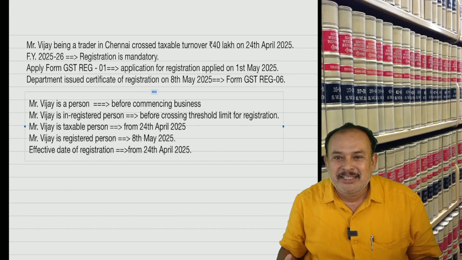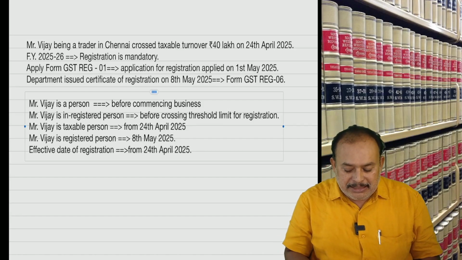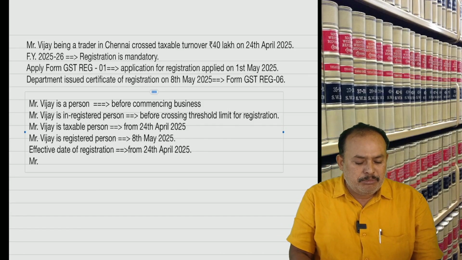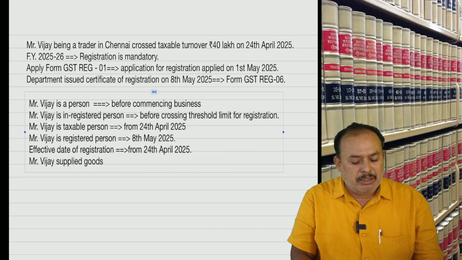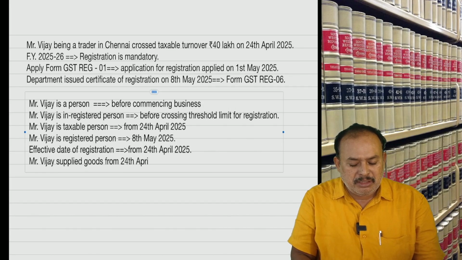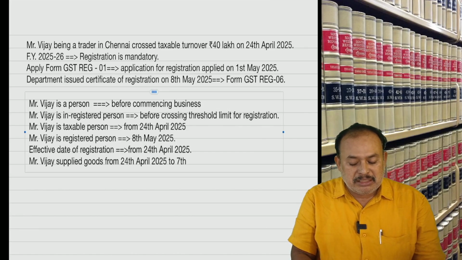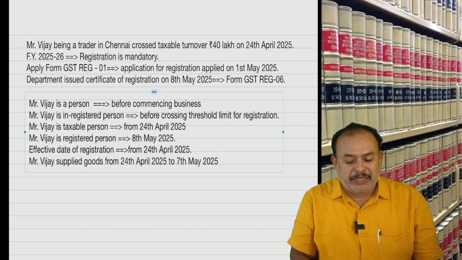Now, in the given case, Mr. Vijay supplied goods from 24th April 2025 to 7th May 2025.